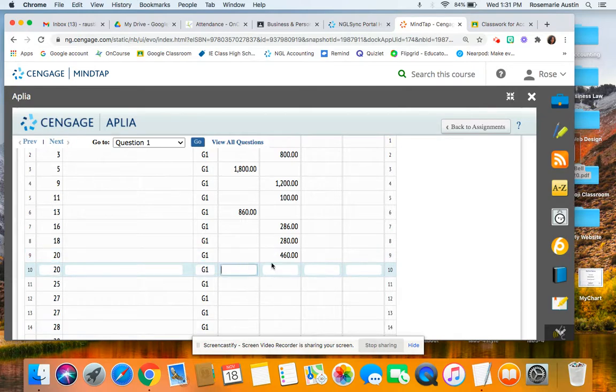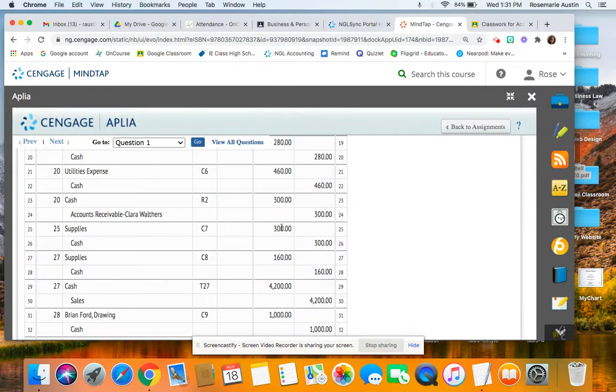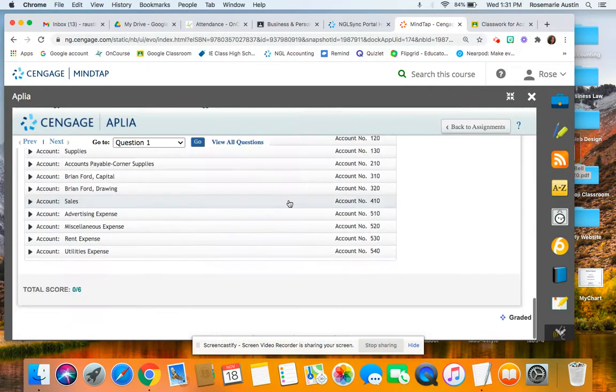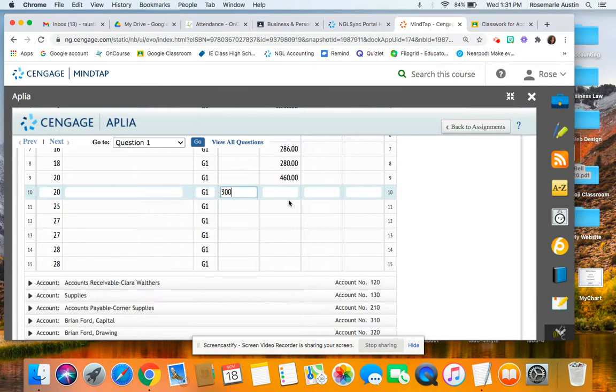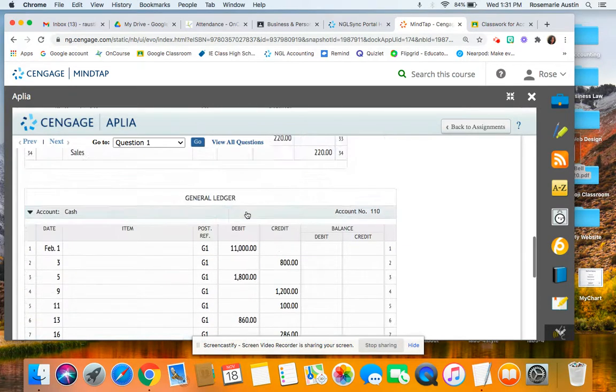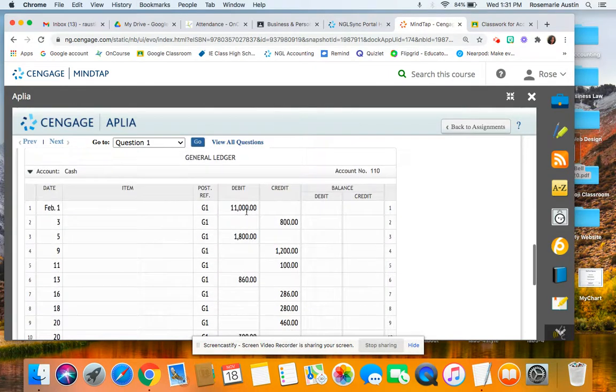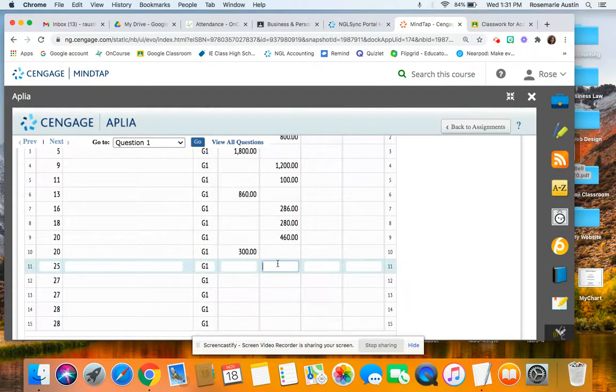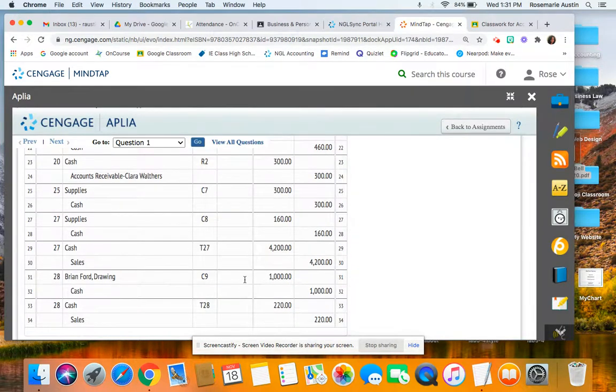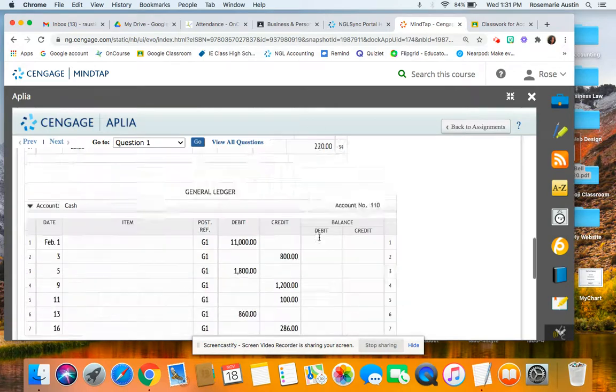On the second 20th, we have a $300 debit. On the 25th, we have a $300 credit. On the 27th, the first 27th, we have a $160 credit.